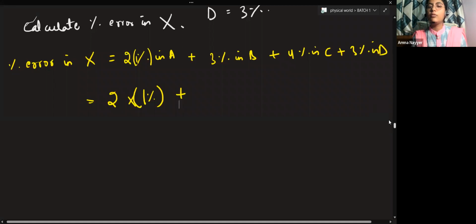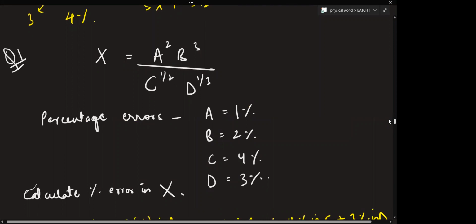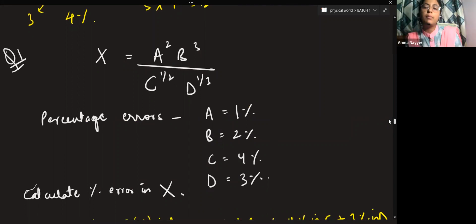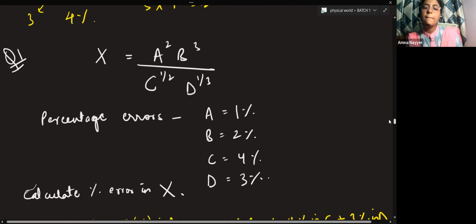Now tell me for B. What will I write for B? Power is 3 multiplied by the percentage error. What's the percentage error in B?